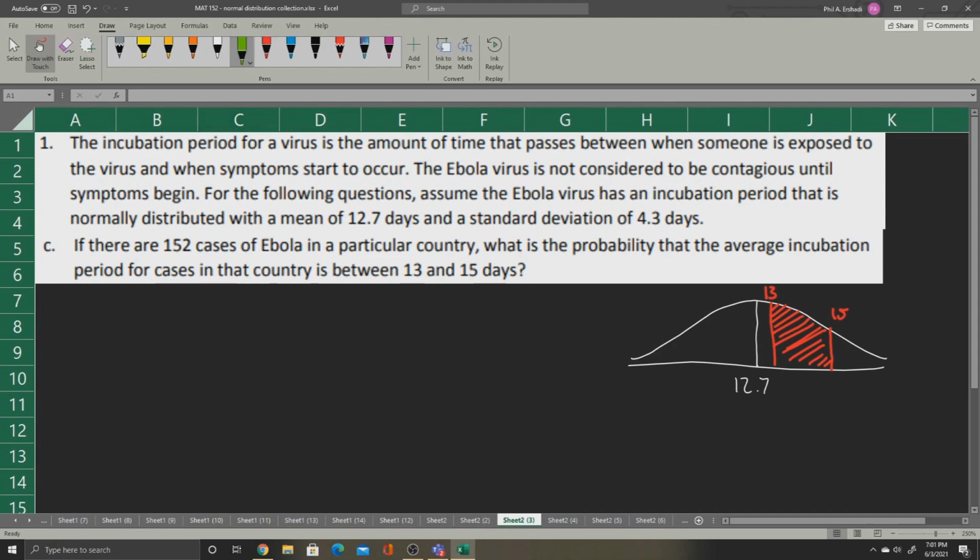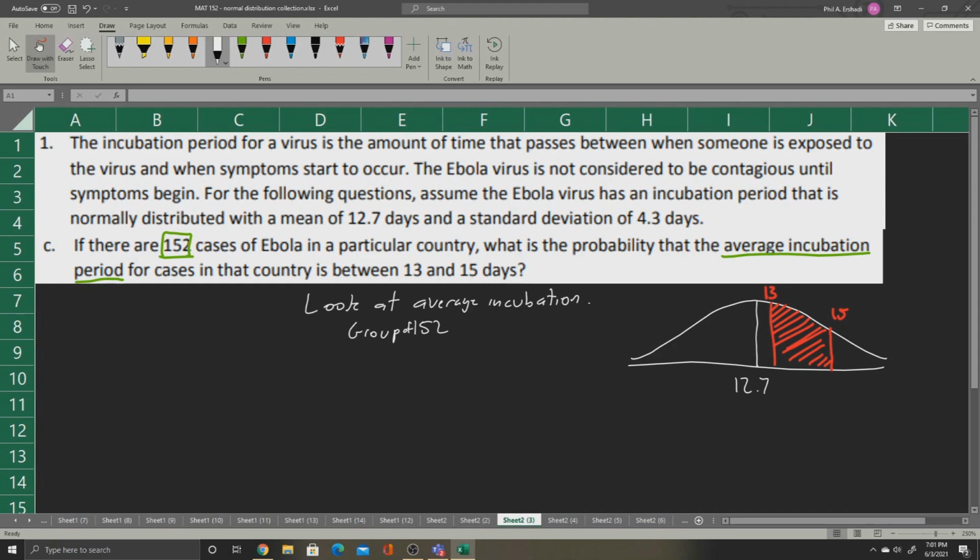Notice that this time we are given a number of people rather than an individual, because we are being asked about an average incubation period. Since we are looking at a group of 152, we'll have to make another adjustment to our standard deviation.